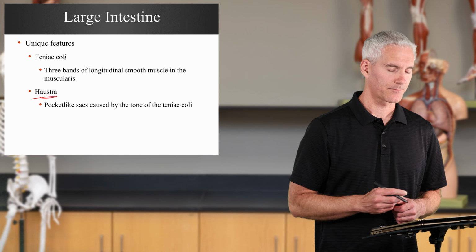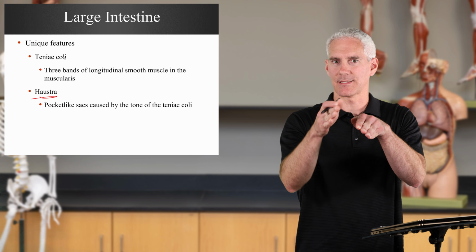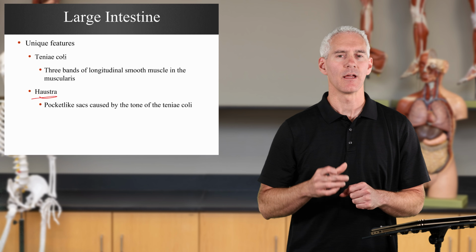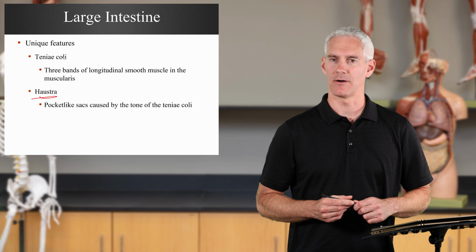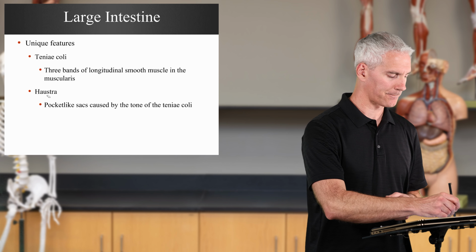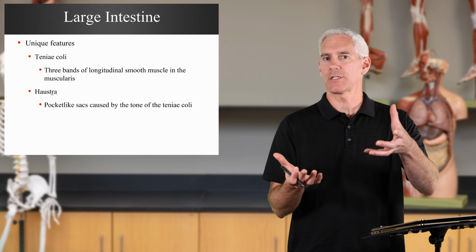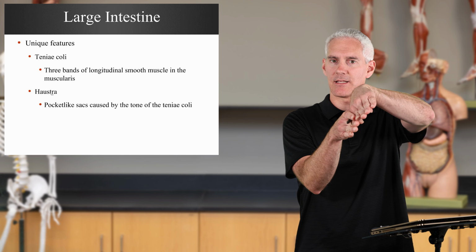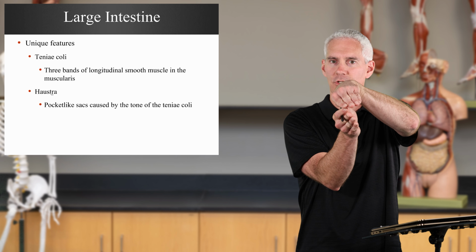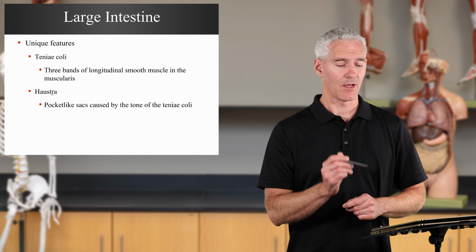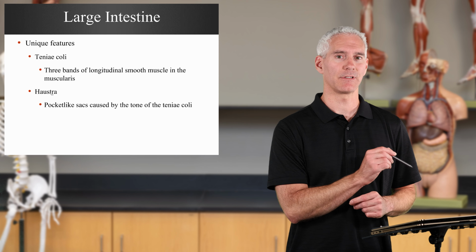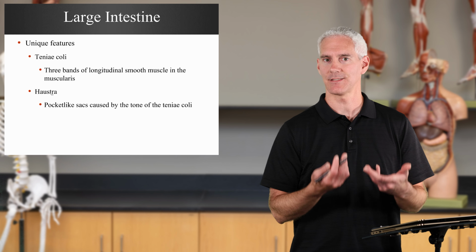Now, the haustra are going to be kind of like out pockets. And I'll show you a picture of this in a second. They could be out pockets created by the actual musculature of the large intestines. Because the musculature contracts, it causes the outsides to bulge a little bit, creating these pockets. Which also means the haustra actually aren't really visible on someone that is deceased.